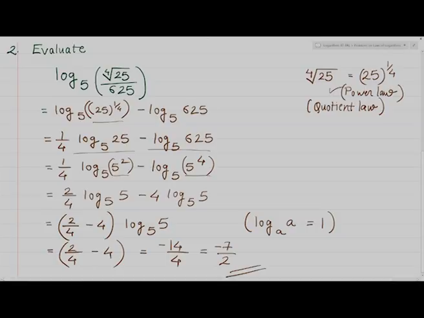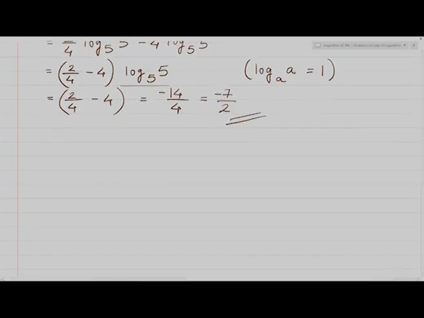Therefore, power law yields 2 log to the base 5 of 5 and 4 log to the base 5 of 5, right. And then we use the property log to the base 5 of 5 is equal to 1. So, this is the summary of what methods we have used to evaluate this expression.